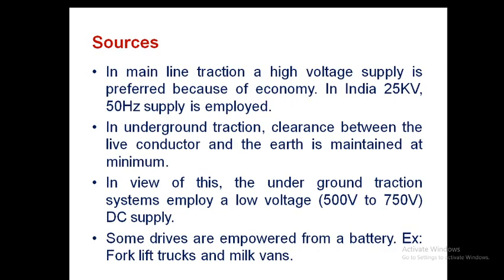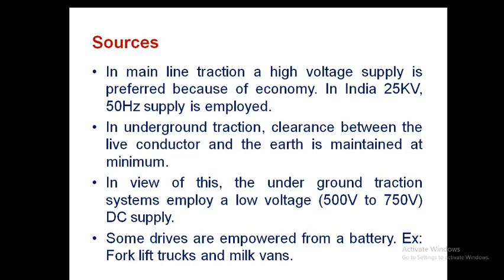In mainline traction, a high voltage supply is preferred because of the economy. That's what we discussed. Generally in India, a 25 kilovolts, 50 Hz supply is employed. You can see this whenever you travel in trains, on the display boards at railway stations: 25 kilovolts line, single phase line.